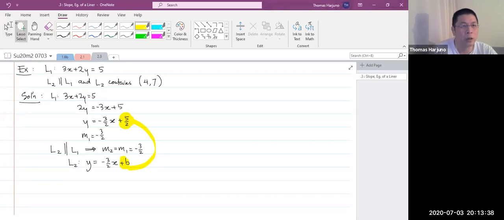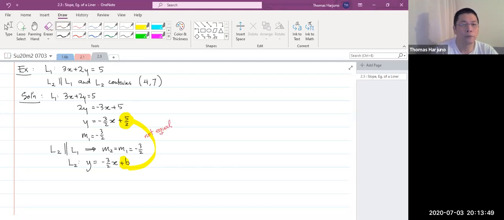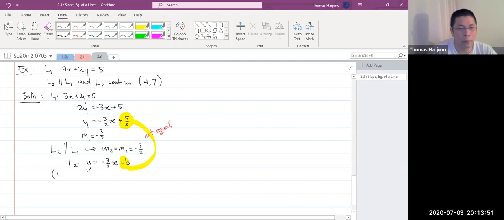Instead, they are identical. Okay, I'm going to write it there: not equal. How to find that b? I plug in (4, 7) into that equation. The y is 7, the x is 4, and we need to solve for b.